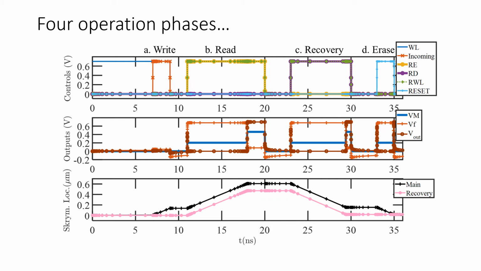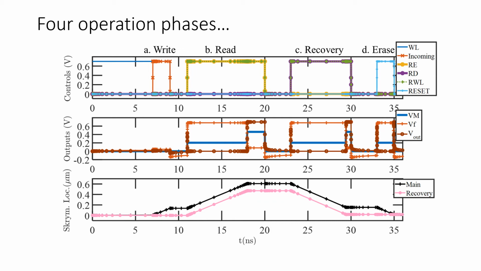Now in the recovery phase, we turn on the signals. The recovery signal is turned on, and you can see that both the skyrmions in concert go back to where they were. You can see that there is a little bit of a difference if you zoom in on this one, because that depends upon how well the skyrmion registers under the MTJ. If the MTJ is huge and your skyrmion is small, as soon as it hits the MTJ edge, it might stop because the MTJ will trigger.